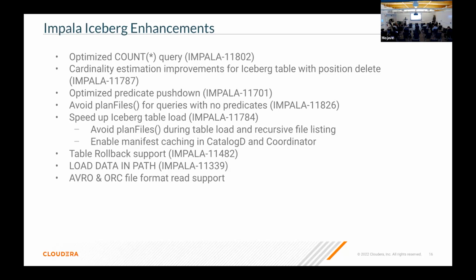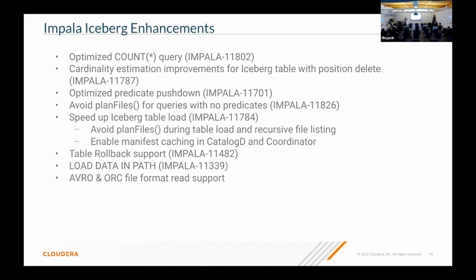The second one is about the cardinality estimation improvement for Iceberg tables with position deletes. We found that when you're doing delete operations, let's say we delete 10 rows in the table, Impala would be doing an anti-join of the original base data with the deleted files.